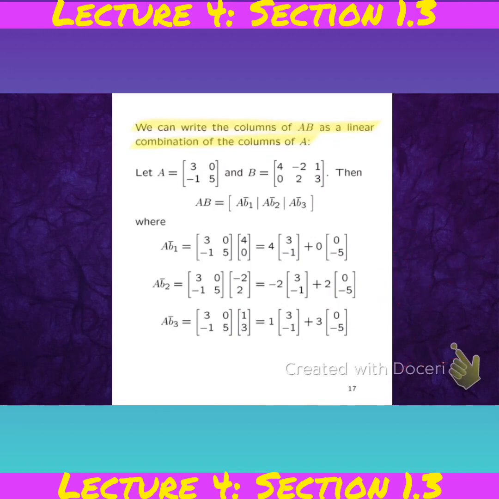Okay, and so by the previous theorem, if you take A and B and you look at A times B, you can always take B and partition it into columns, and then you multiply the matrix with each one of the columns to get your basic columns of A times B.